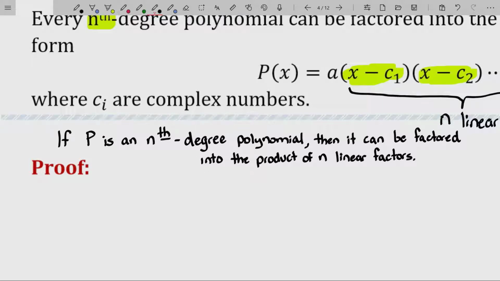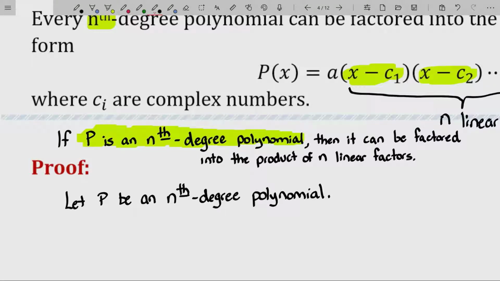Technically, we actually need it to be an nth degree polynomial with complex coefficients. Well, that's pretty much any polynomial. Then it can be factored into the product of n linear factors. So I'm going to start my proof by assuming we have an nth degree polynomial called P. So let P be an nth degree polynomial.